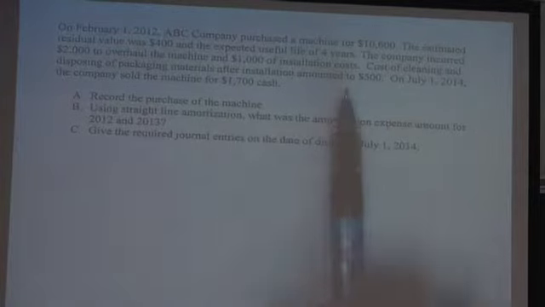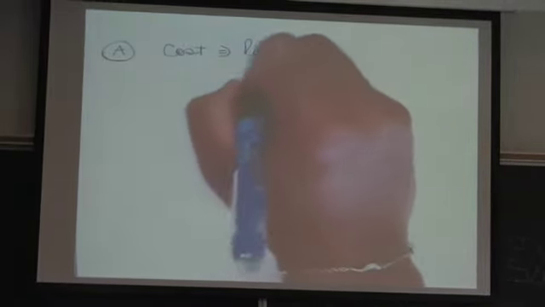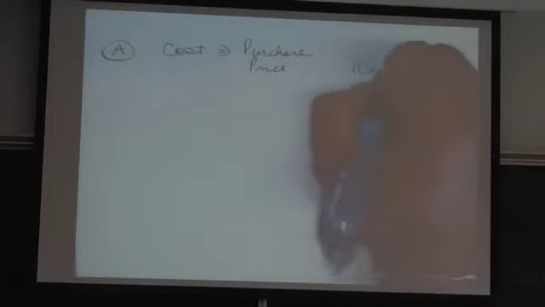So let's solve the problem. First of all, part A is asking us to calculate and record the cost of the equipment. So the cost is the purchase price, that is $10,600.